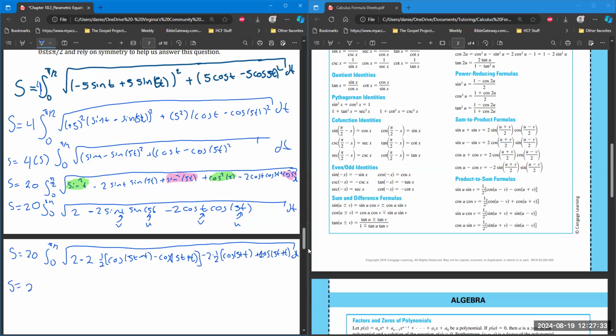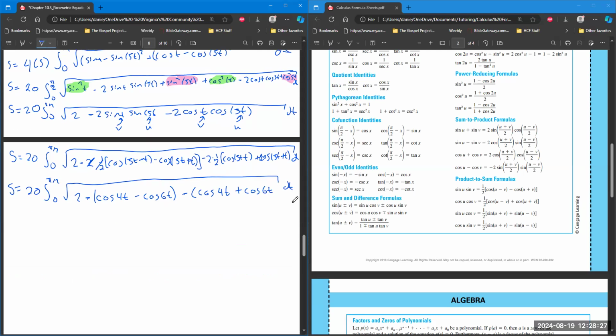So s is going to be equal to 5, integral from 0 to pi over 2 of square root of 2, and then this 2 and this 1/2 cancel, and I have minus cosine of 4t minus cosine of 6t, and then I have minus, sorry, this is 4t, and then I have plus cosine of 6t dt. So let's get that simplified now.